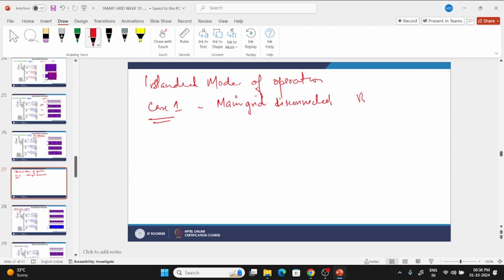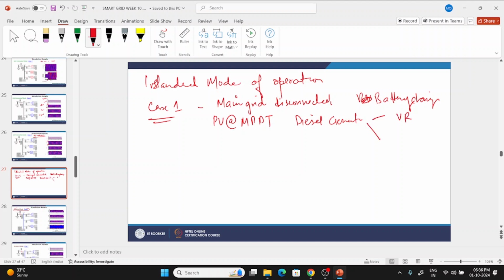Battery is charging. How? From the solar PV. And PV is operating at the MPPT, at the maximum power point. And the diesel generator will help in 2 ways.